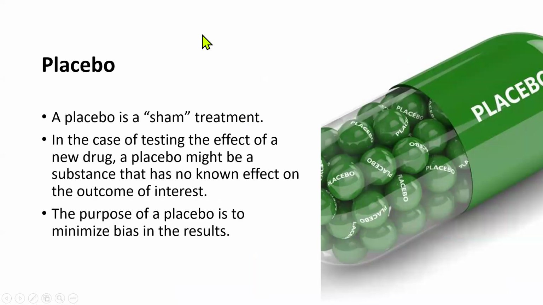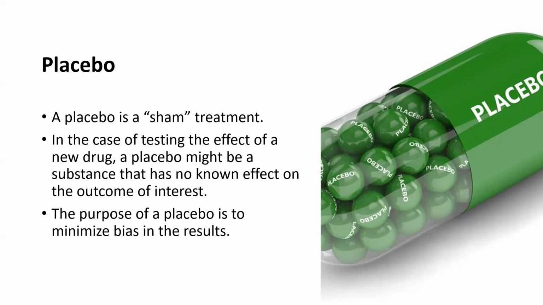Now, humans are complicated, and when you do testing on humans, you want to minimize bias. You want to minimize psychological effects. And that's why we have to include a placebo in these experiments. Okay? A placebo is a sham treatment. It's a fake treatment. It's not the real thing.